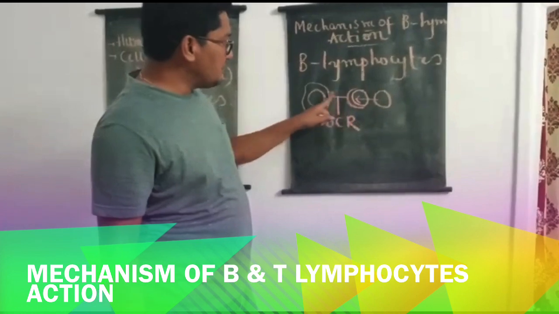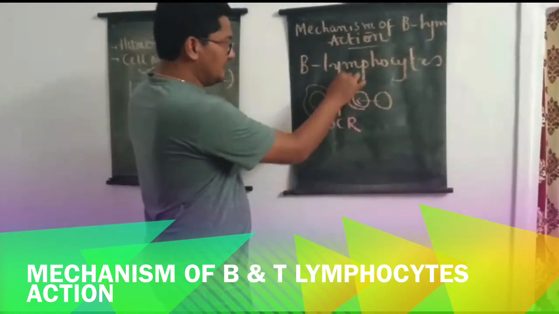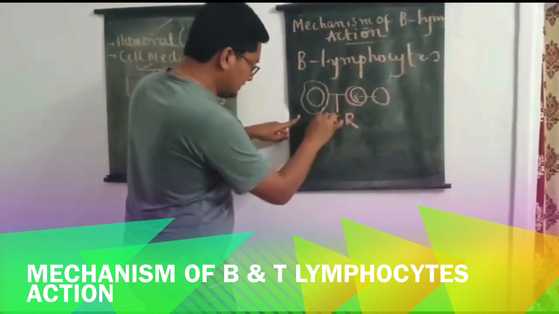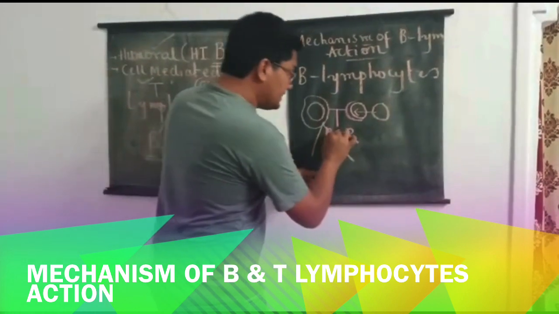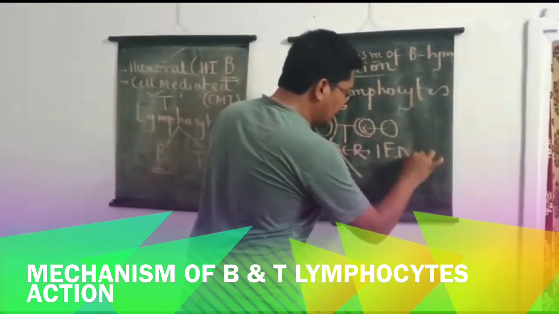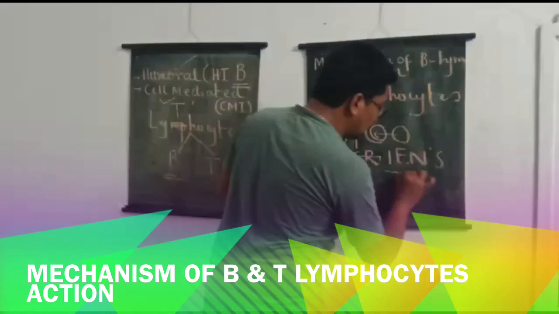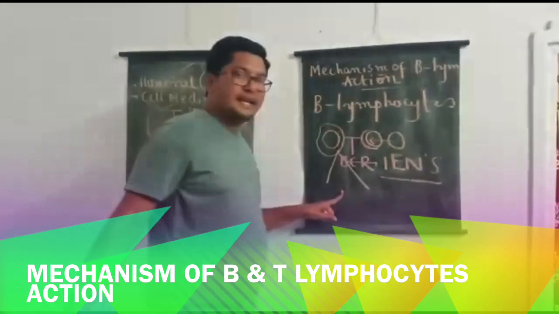Whenever antigen binds with the surface marker, the B cell, that is the B lymphocyte, undergoes differentiation, and this differentiation requires a type of cytokines called interleukins, ILs we say.